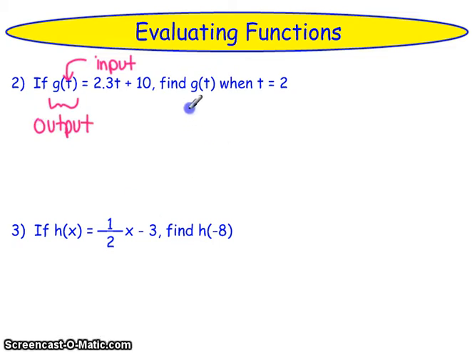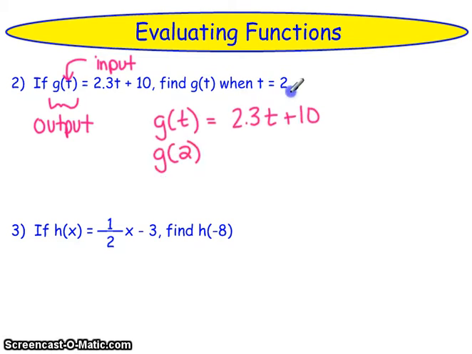The question says, find g of t when t equals 2. So g of t equals 2.3t plus 10. If I'm finding g of 2, when t equals 2, that basically means find g of 2.